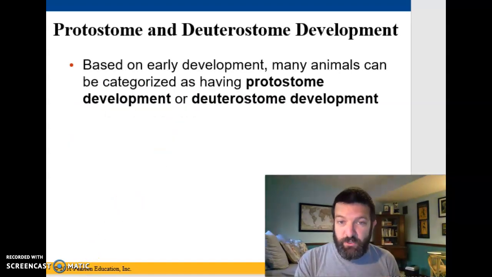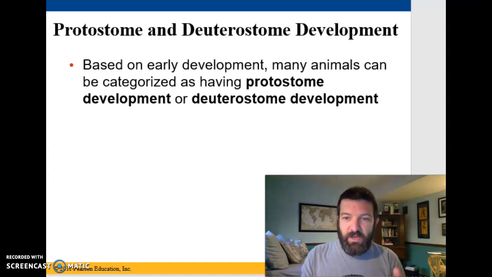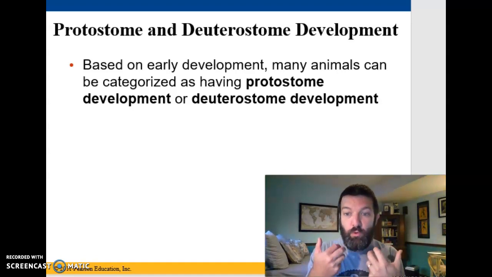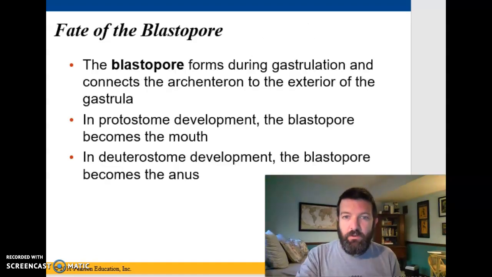Another developmental trait that we use to characterize organisms is whether they are a protostome or a deuterostome in their development. We described this a little bit in the chapter 40 video, but this has to do with whether that initial pore, or the blastopore that forms during gastrulation, is going to form a mouth or an anus.